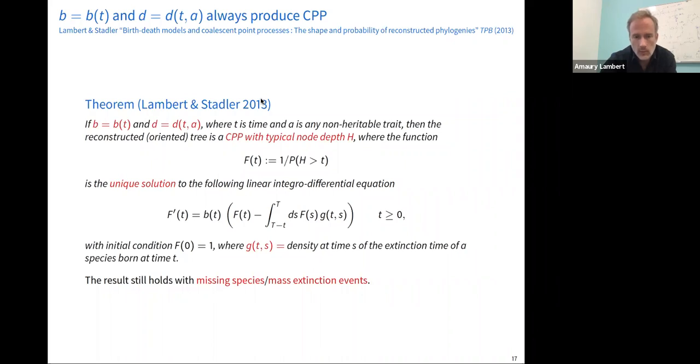It's convenient to define capital F as 1 over the tail distribution of H, and then capital F satisfies some linear integral differential equation, which involves B, the birth rate, and G, where G of T and S is the density at time S of the extinction time of a species born at time T. You can guess that I didn't show you the detail here, but that it can be expressed in terms of B and D quite easily. And actually, the result still holds if you assume that there were missing species, that you have not sampled all species, and there were mass extinction events along the way.